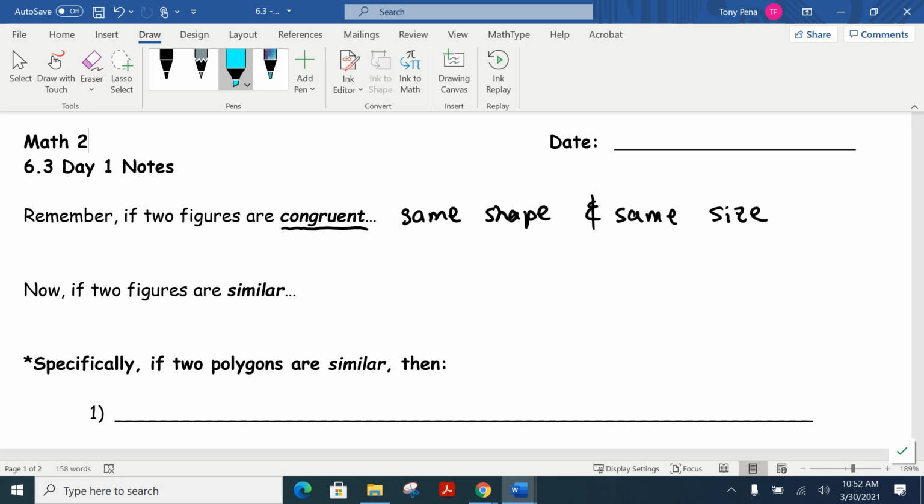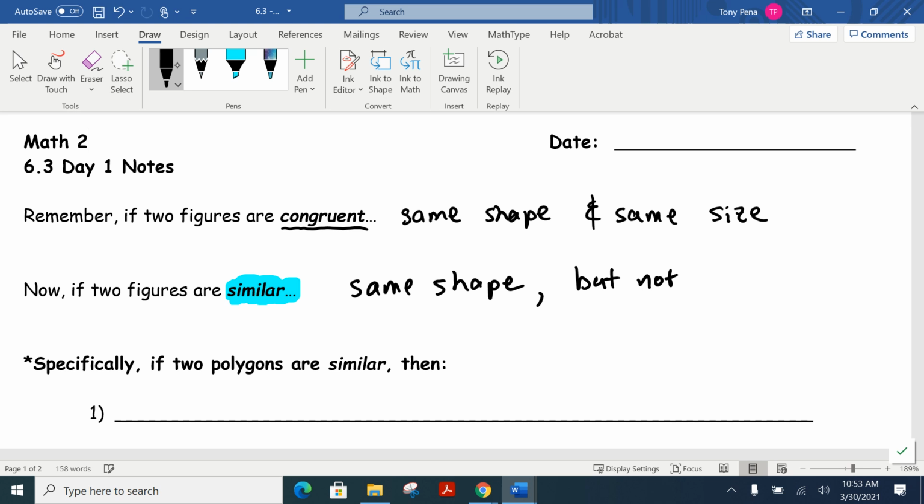What we're going to be dealing with in this module a little bit more, we'll still deal with congruent, but we're going to deal with this word similar. Similar means that two figures that are similar have the same shape. So a triangle to a triangle, a quadrilateral to a quadrilateral, a hexagon to a hexagon, but not the same size, at least not necessarily the same size.